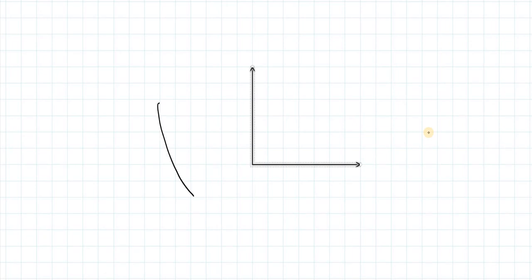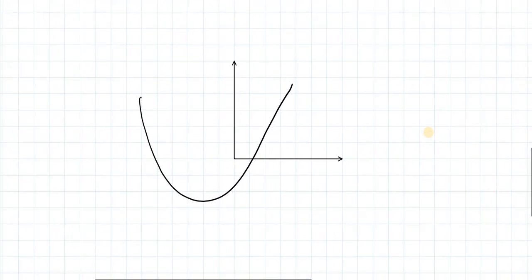Let's put the parabola here. So instead, the vertex is now over here instead of somewhere over here or over here that we had before. So how does this change anything? Well, it doesn't.